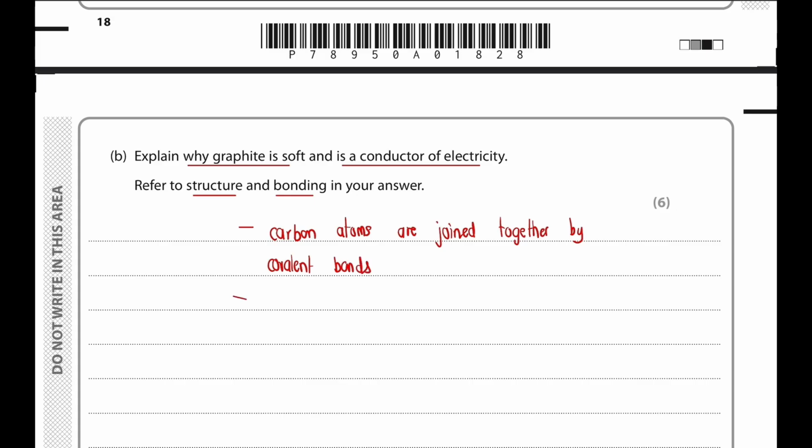Second is the structure is in layers. The third point is the layers can slide over each other.